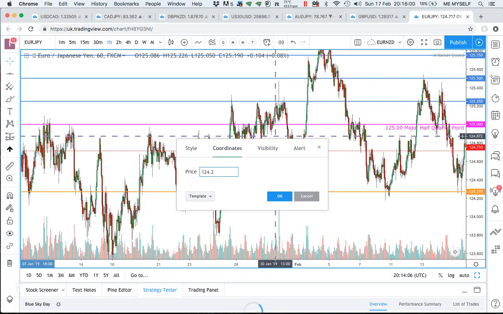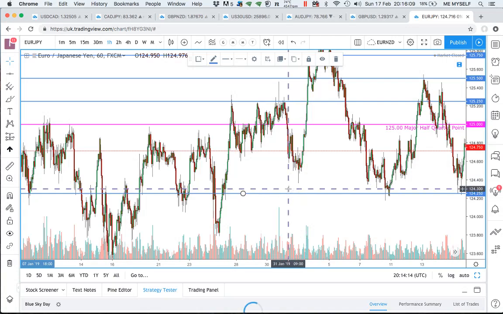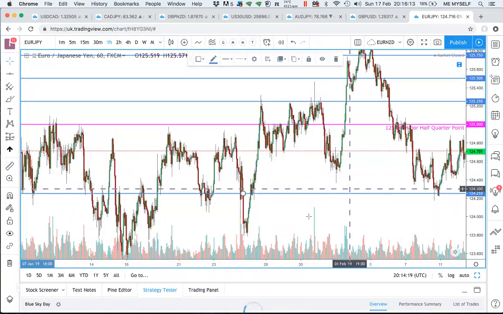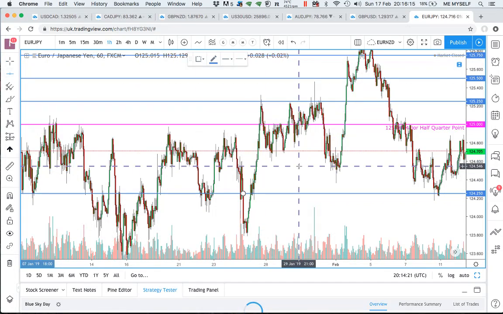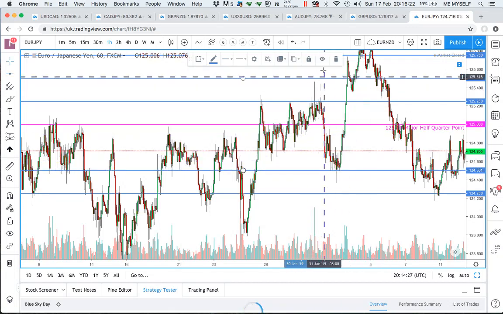is 124.250. I want to change that to a light blue color. Okay, hit OK. So none of this happened yet. Put in my quarter points as well. A bit further up, 124.50.